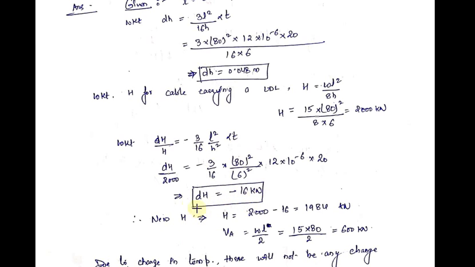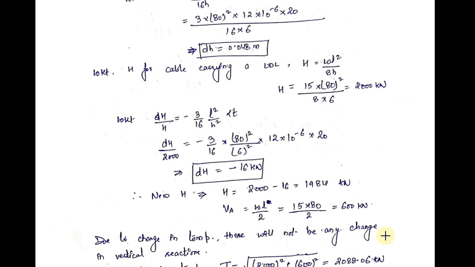So the new horizontal thrust will be: the original value of the horizontal thrust was 2000, and after the increase in temperature the horizontal thrust decreased. So 2000 minus 16 gives you 1984 kilonewton. Now for the value of VA and VB, we know that whenever a UDL acts throughout the span of the cable, the value of VA and VB is WL by 2. After putting the values, I will get 600 kilonewtons.